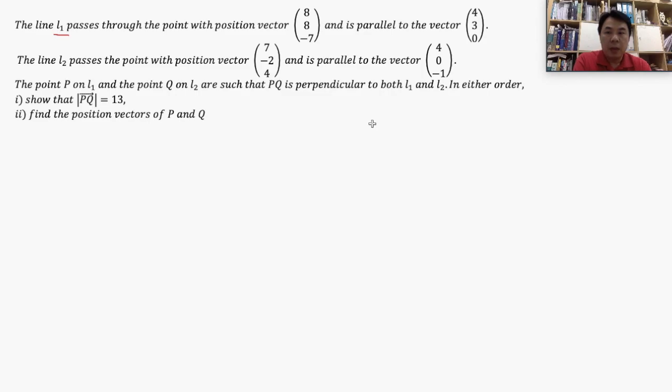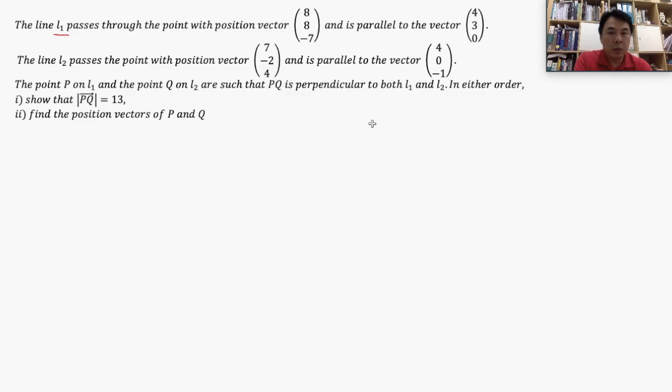Now the point P is a position on line L1, whereas Q is another point on L2. The condition is that PQ has to be perpendicular to both lines L1 and L2.